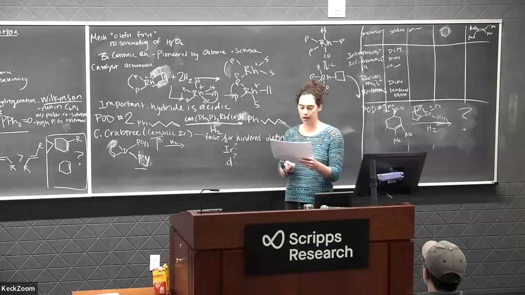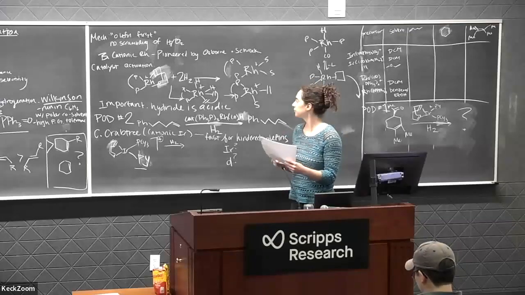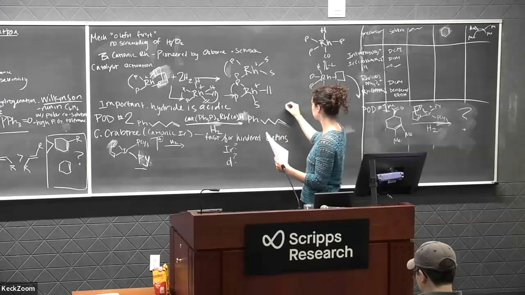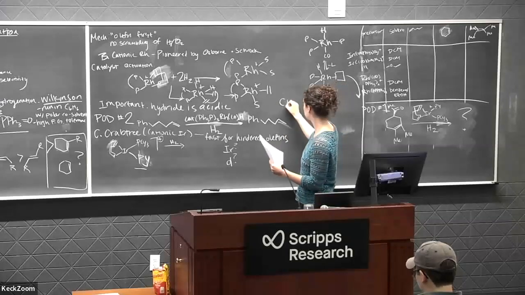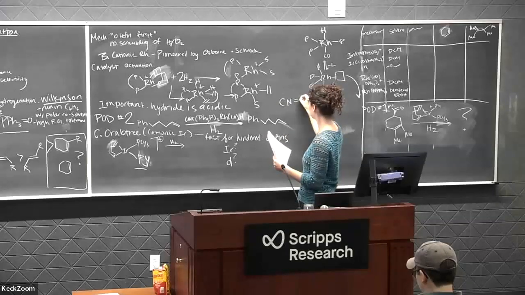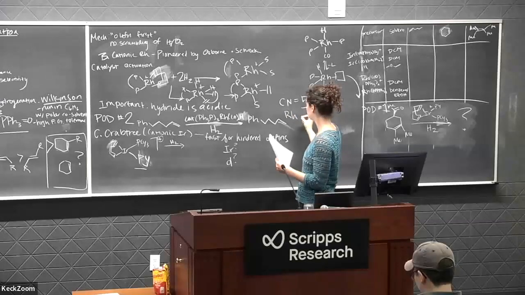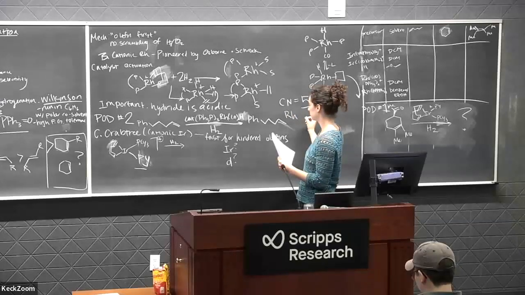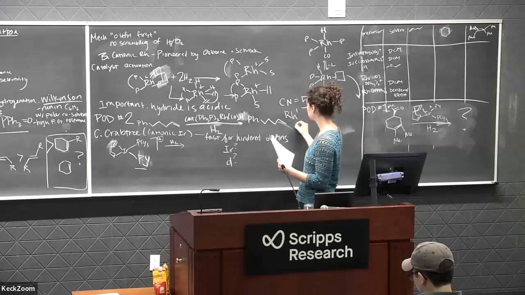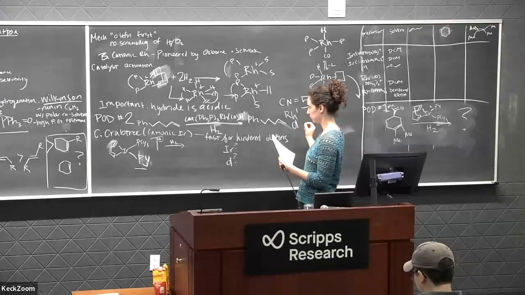Christine, can you provide the coordination number, oxidation state, d-electron count, and overall electron count? Coordination number is 5. This is rhodium.